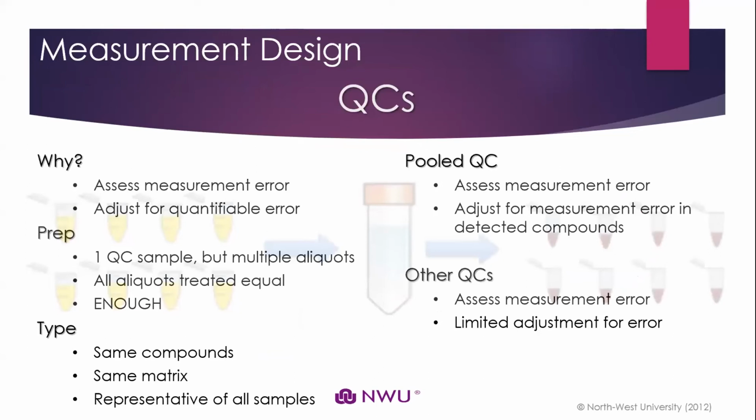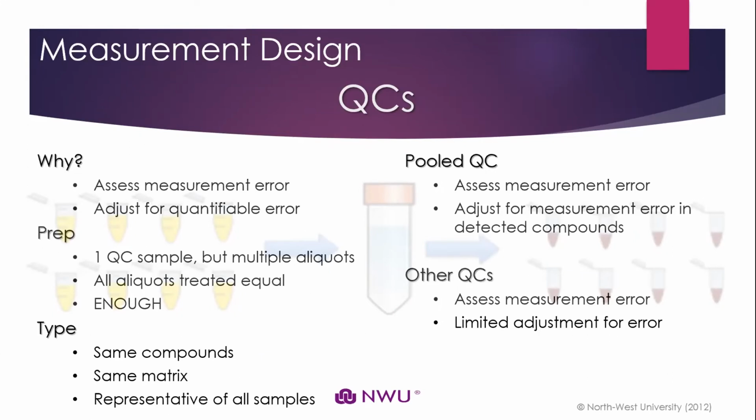Now, the QC itself. I want to take a step back here and discuss your options when it comes to QCs. The sample you choose as your QC will determine your ability to assess and correct your measurement error. I almost want to repeat this: if you select the wrong QC, you won't be able to really assess or correct for measurement error. So you should use a single sample as a QC. It will be prepped multiple times, so aliquot it before you start, please, and make sure you've got enough aliquots.